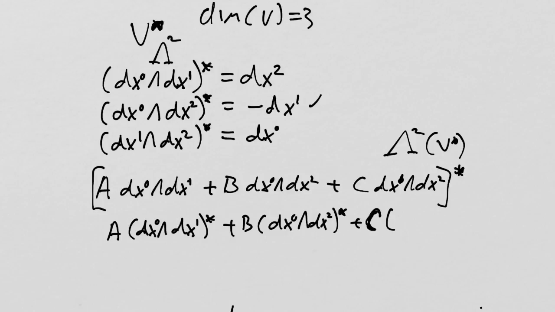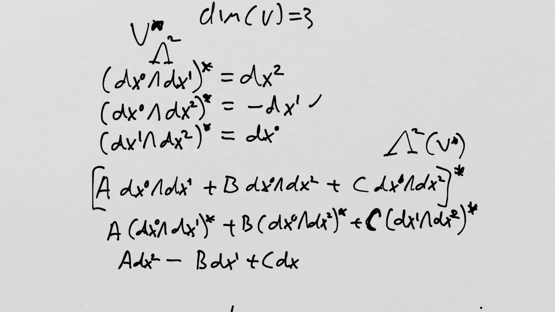Whenever I have a C in front of a parenthesis, it always looks terrible. Of course, that's because I write like a 3-year-old child. And we know what the Hodge duals are. We know that this is going to be A dx2, not plus actually, minus B dx1 plus C dx0, like that.